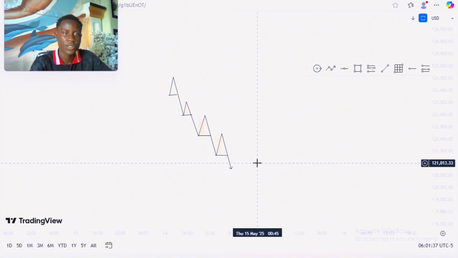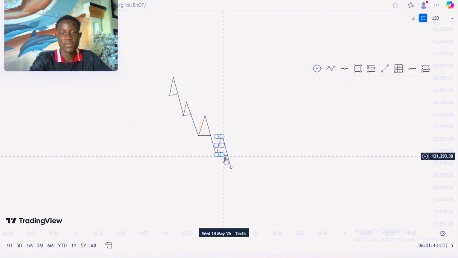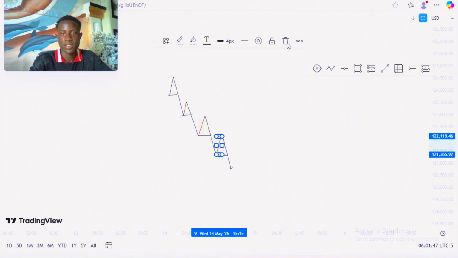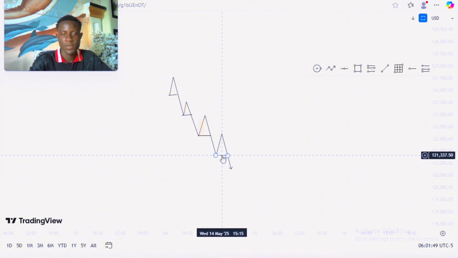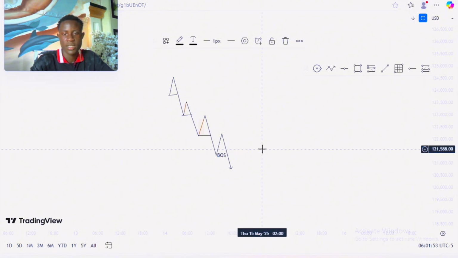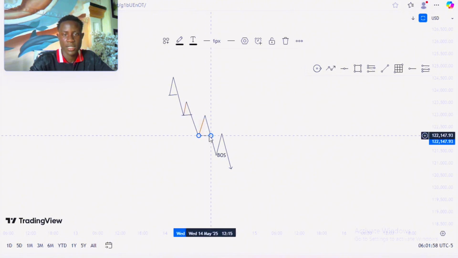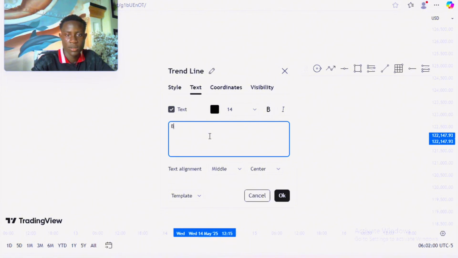First of all, they'll tell you an uptrend, and this is simply how you mark the trend. So what is a break of structure? BOS is simply a break of structure. So you mark this place as a BOS, and you also mark here as a BOS too.